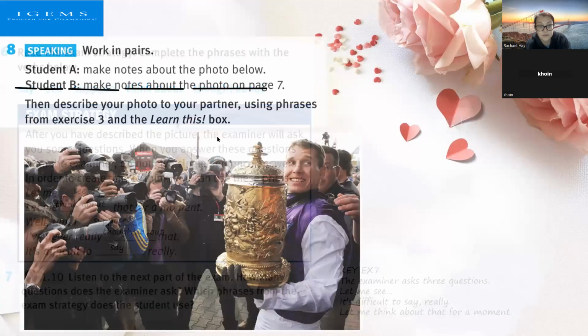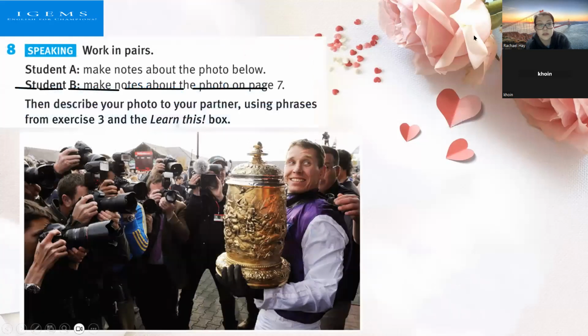Okay, so make notes about the photo below. Okay, so let's look at the photo. What can you see? What do you think is happening?